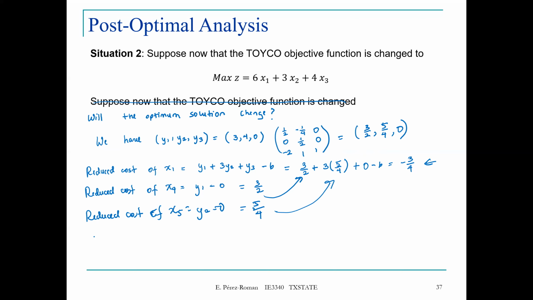And what that means is the new reduced cost of x1 shows that the current solution is not optimal.